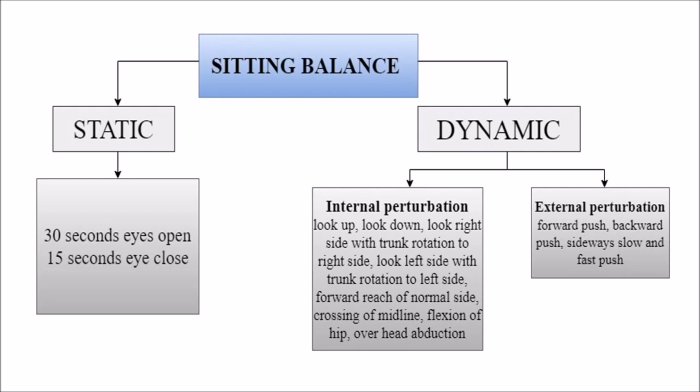Then in the next part, you ask the patient to close the eyes for 15 seconds and maintain the sitting position. Some patients can maintain balance with the eyes open, but when they close the eyes, the patient will lose their balance. This is because there is pressure on their vestibular system.